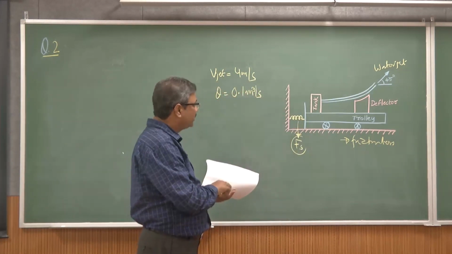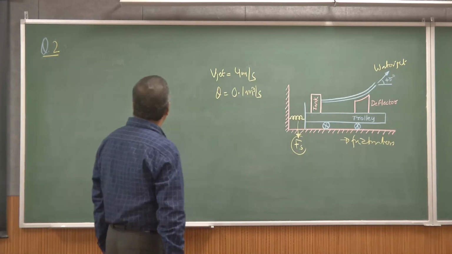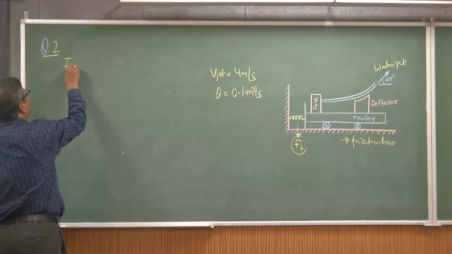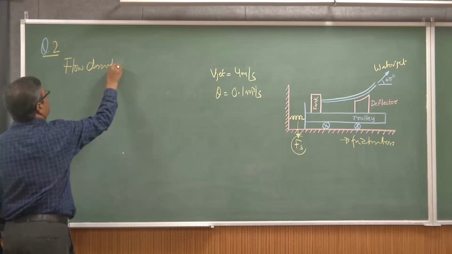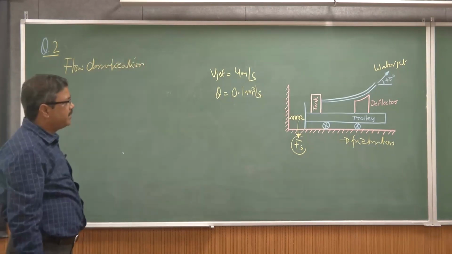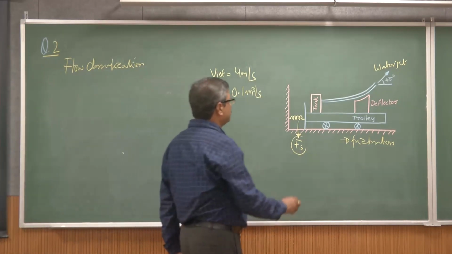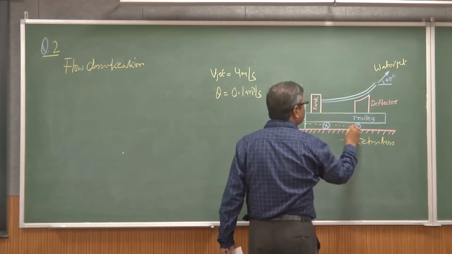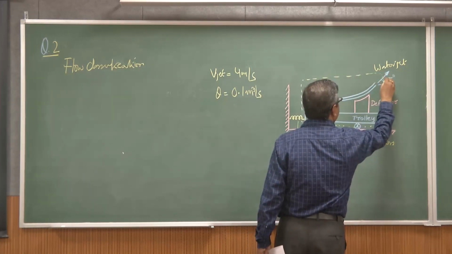So first you sketch the problem, then do the flow simplifications, or the flow classifications. In this case, we can assume it's a one-dimensional force component as we sketch the control volume like this.